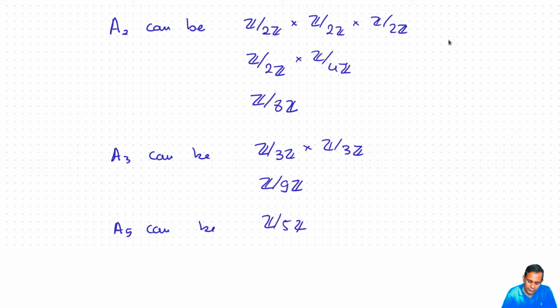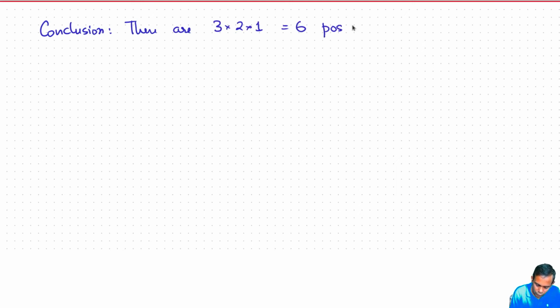So totally there are 3 into 2 into 1 possibilities for A. So what we can conclude is that there are 3 into 2 into 1 is equal to 6 isomorphism classes of abelian groups of order 360.